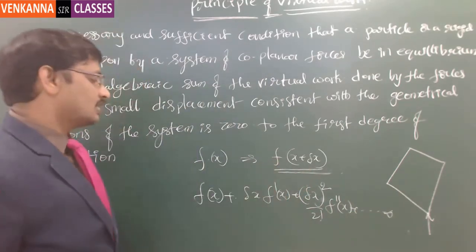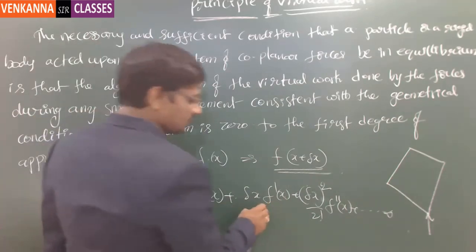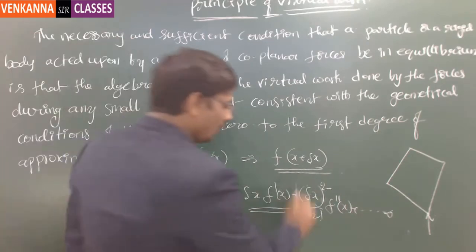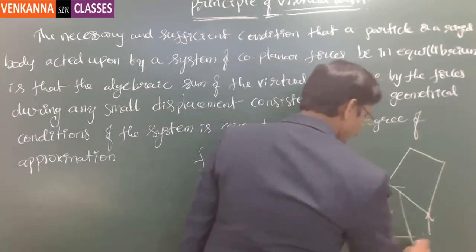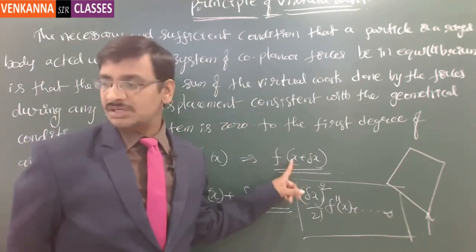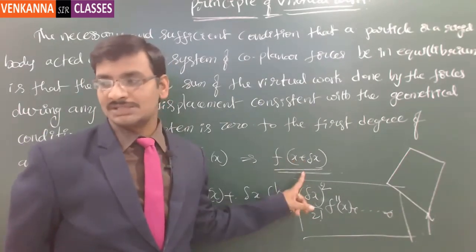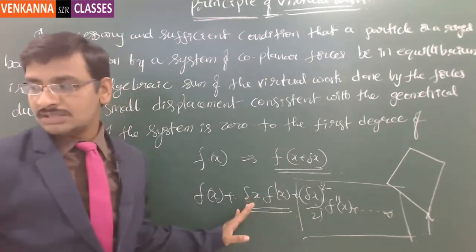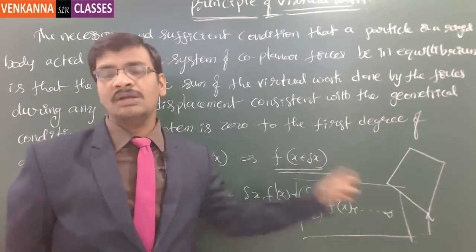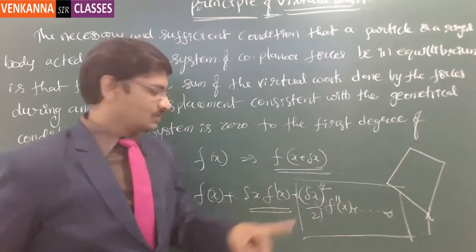Now in the Taylor's expansion, if you notice, this is the first degree of approximation. You can ignore all the higher changes in the function f that come just because of the change in the displacement from x to x plus delta x. This is another statement. Though we have a non-linear displacement, you can still neglect all the non-linear terms by taking the first order approximation.